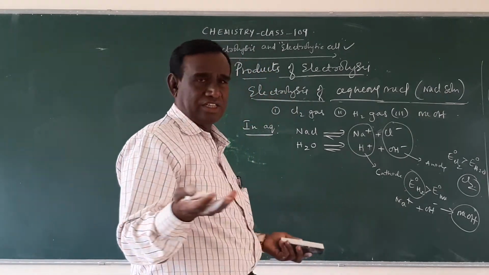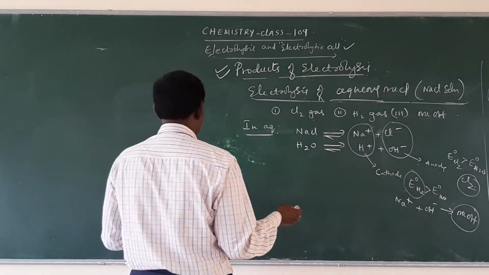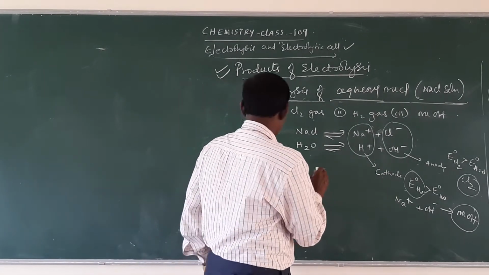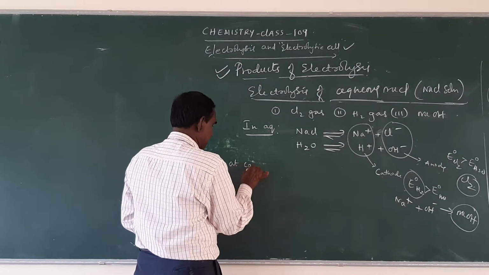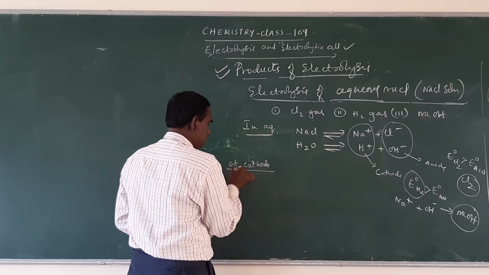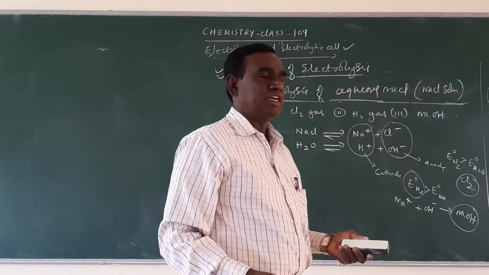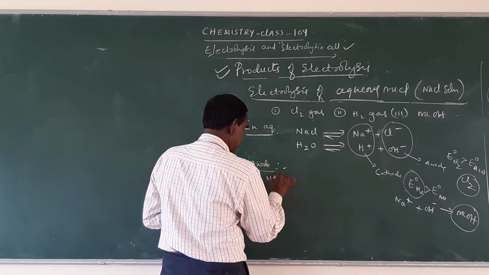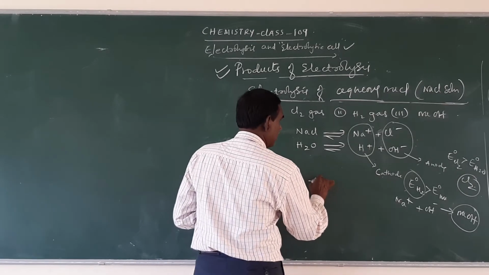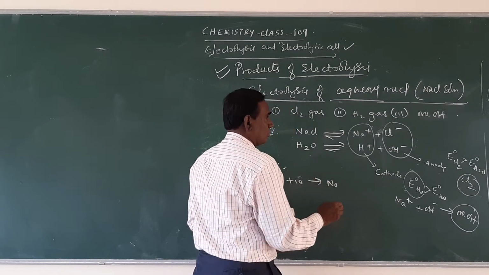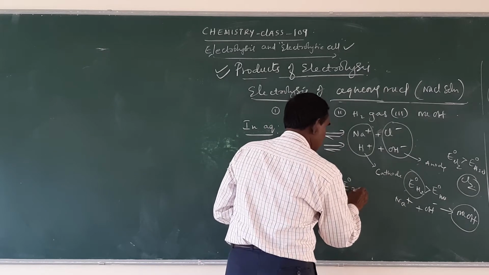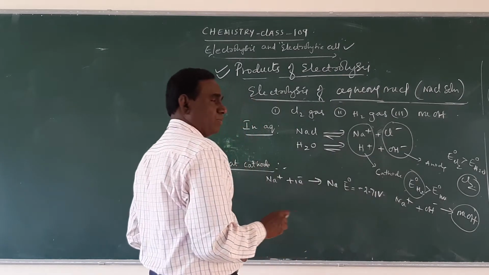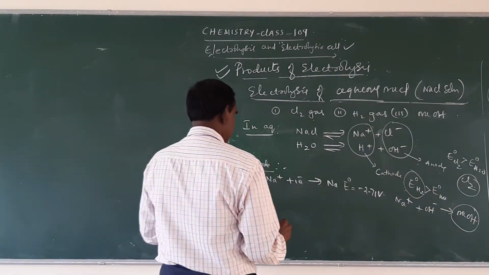For this you can write the equations also. At the cathode first: sodium, Na+ plus 1 electron gives Na, with E naught equal to minus 2.71 volts for the discharge of sodium.